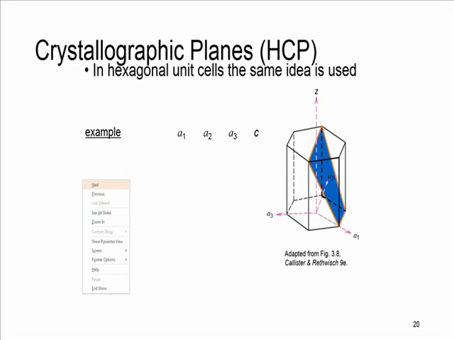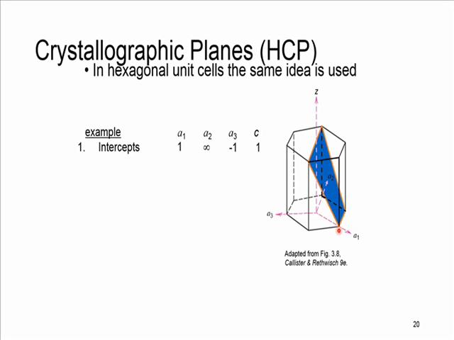The only difference is that here we deal with 4 axes instead of 3 axes in the cubic unit cell. So here we have A1, A2, A3 and also C along the Z axis.